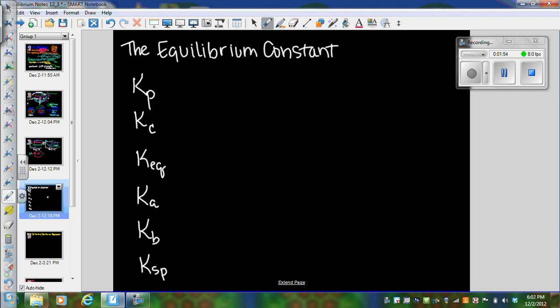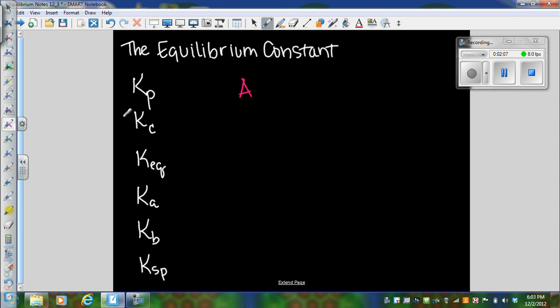All right, so let's say we have a chemical equation where we have reactant A, reactant B, and product C and product D. And each of these has a coefficient.